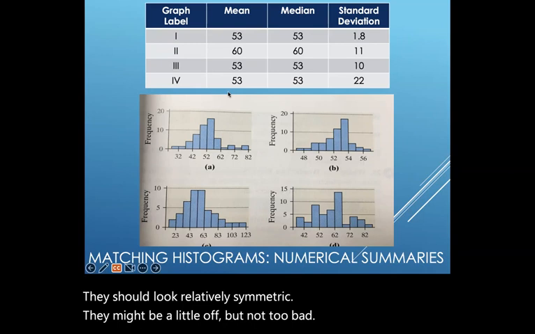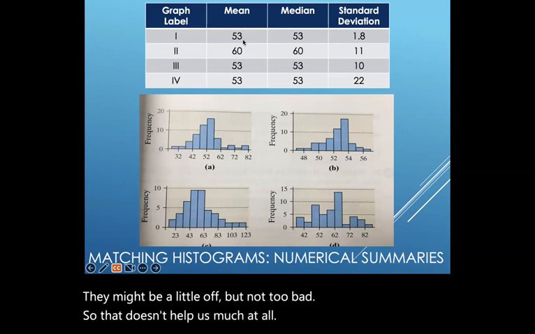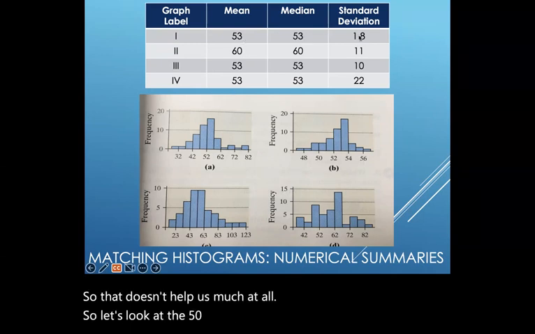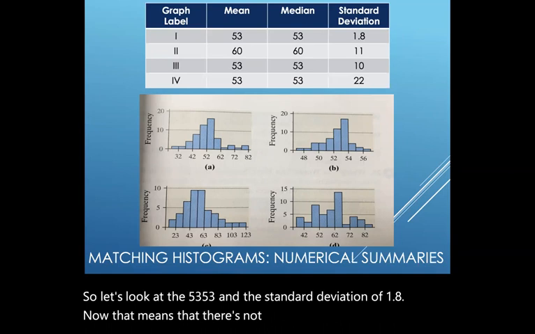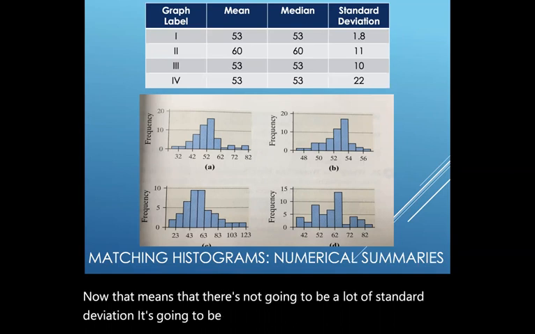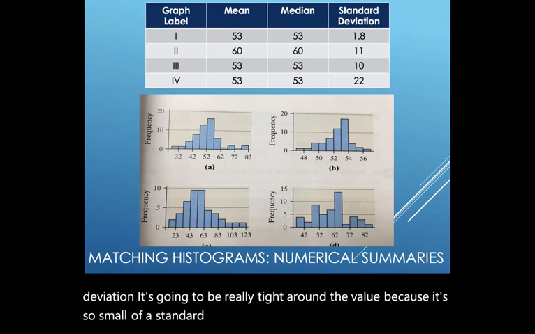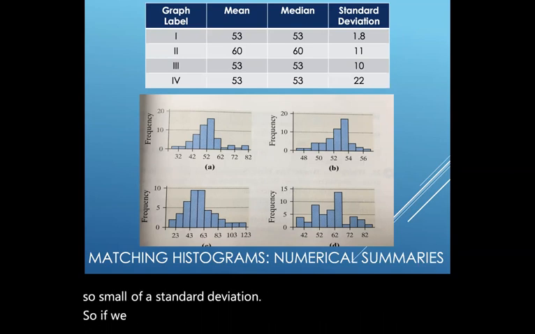So that doesn't help us much at all. So let's look at the 53, 53, and the standard deviation of 1.8. Now, that means that there's not going to be a lot of standard deviation. It's going to be really tight around the value because it's so small of a standard deviation. So if we look, which of these seems to be the tightest pushed together?